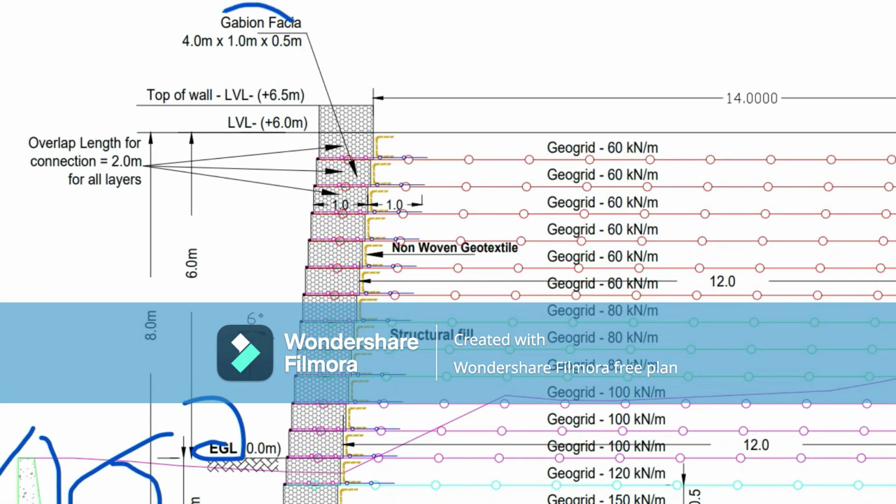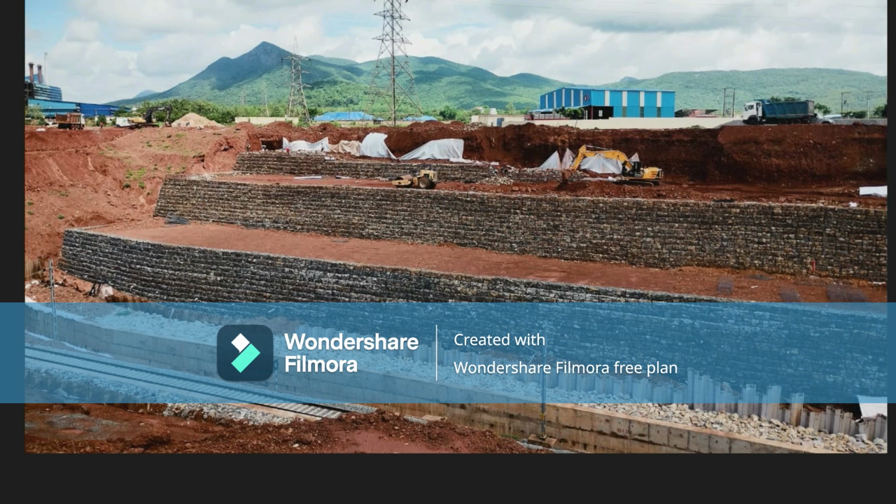Then they started the Gabion boxes, with geosynthetic and boulder packing done. The box dimension is 4 meters length, 1 meter width, and 0.5 meter height.